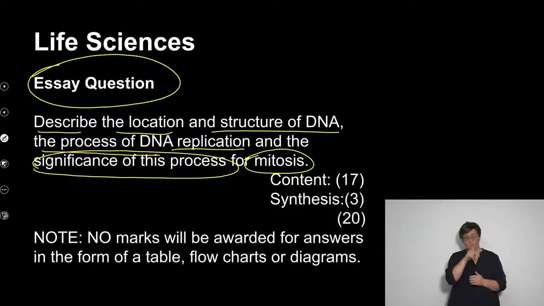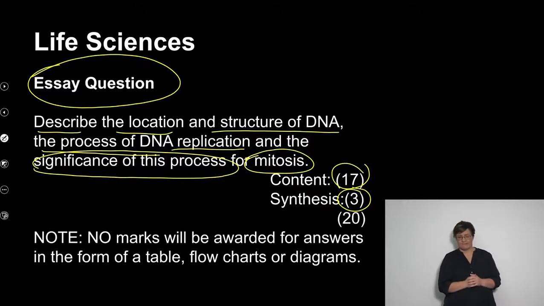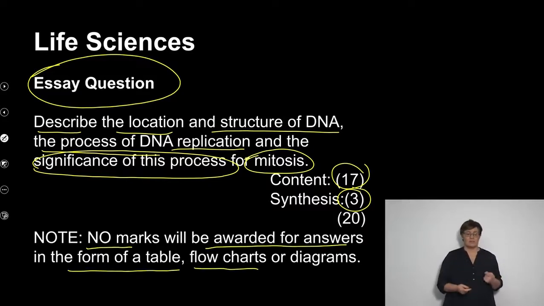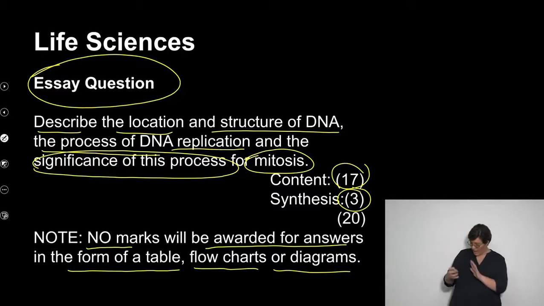Remember that the content is 17 marks. We have a 3-mark allocation for the synthesis, and I'll reference what synthesis is later on when we look at the answers. And it's key to understand that there are no marks awarded for answers in the form of tables, flowcharts, or diagrams. So if you decided that you learnt the process of, in this case, DNA replication, it will be good if you use that diagram to help you explain your answer.